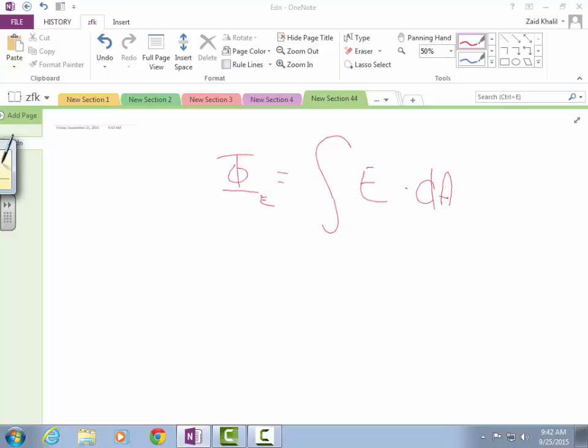It is the flux. Gauss's law says the electric flux is equal to Q enclosed over epsilon naught. Well, that's one way to calculate it. Another way to calculate it is finding the integral of E dot dA.